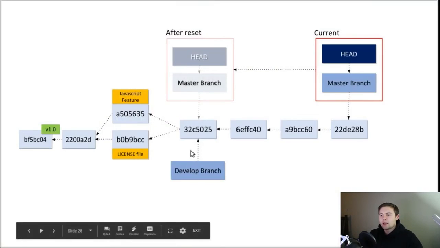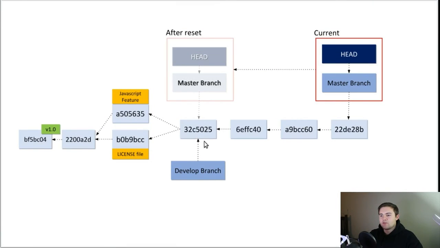Currently we are sitting at the 32C5025 with the develop branch, and 22DE28B with the master branch and the head pointer, which basically means that if we made changes to any files, that's where they would go, right there. Now the reset command, no matter what version of it you use, is going to have the effect of moving both the head and the branch that the head points at back in time to a specific commit.